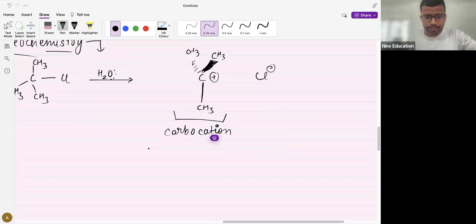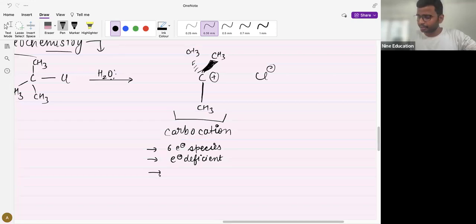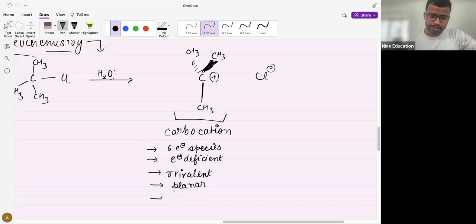See, what are carbocations? These are 6 electron species. These are electron deficient in nature. This is trivalent. है ना. और देखें, it is planar with sp2 hybridized.